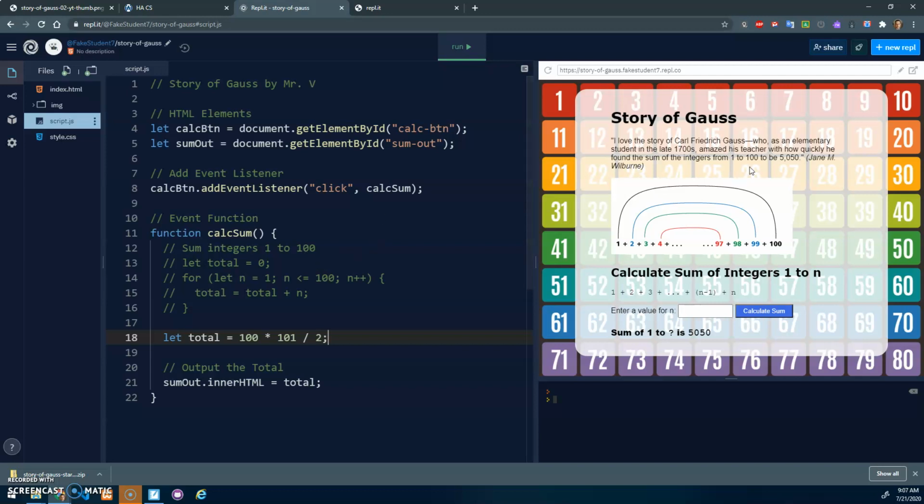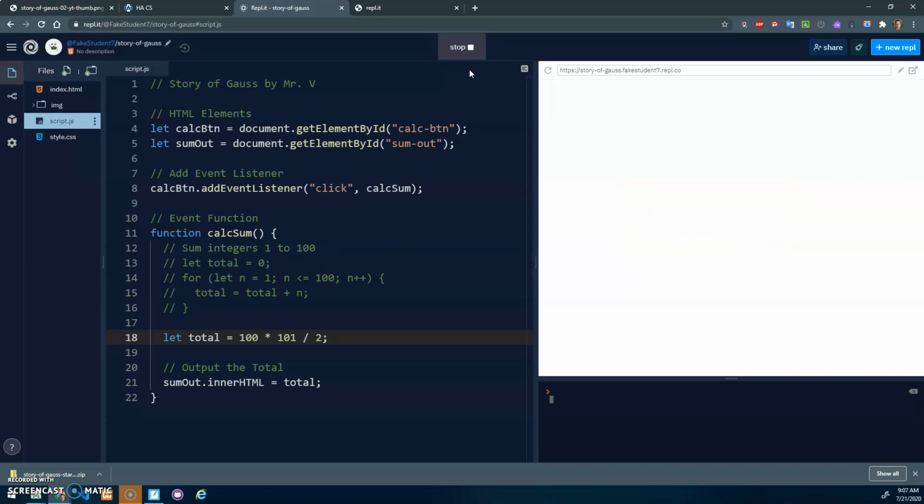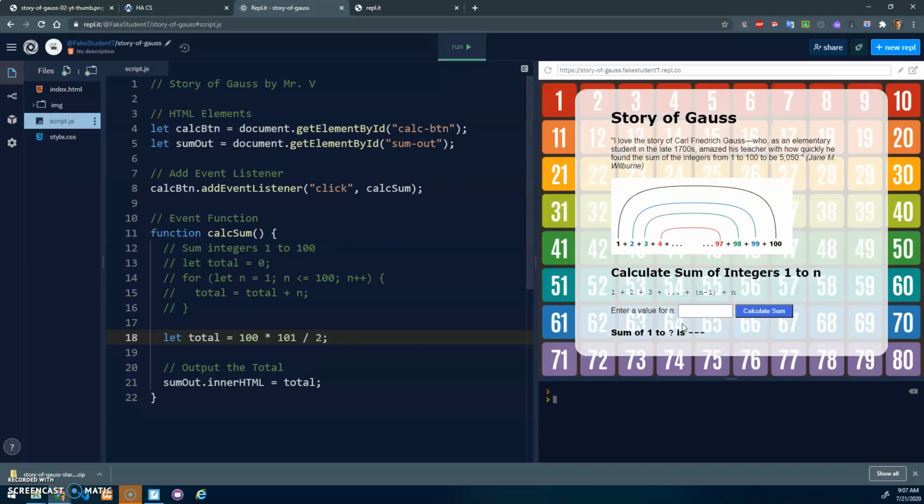And we saw before that the sum was 5,050. If I solve this problem this way, I should still get 5,050. Again, if I wanted to change this to 1 to 1,000, if n is 1,000, 1,000 plus 1 is 1,001, divided by 2, we should get 500,500.